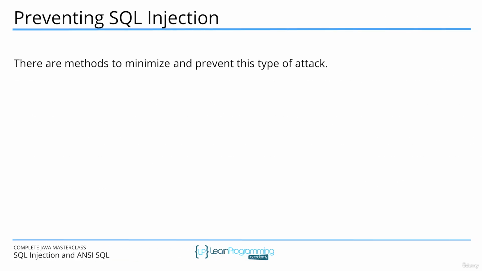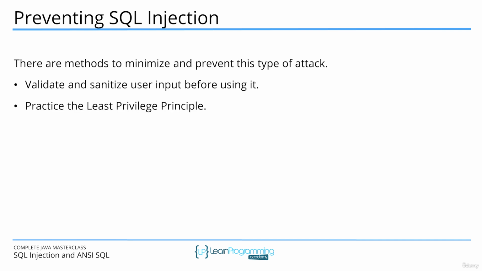There are methods to minimize and prevent this type of attack. You want to validate and sanitize user input before using it. We could have parsed our input to an integer, for example. On the database side, you want to practice the least privilege principle. This means ensuring user accounts have the least privilege necessary to perform their tasks.